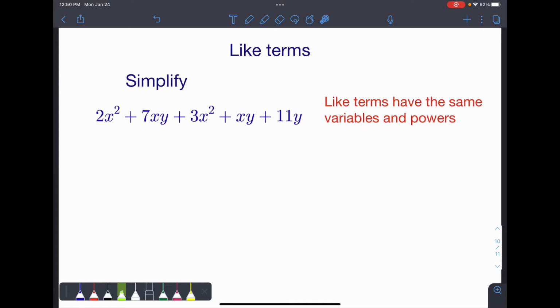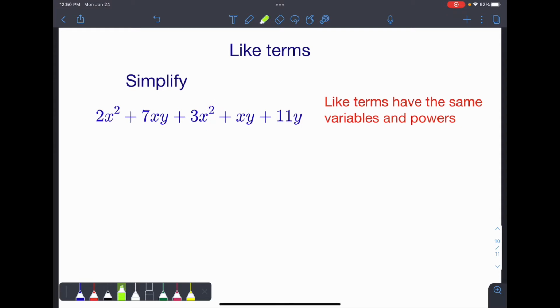So what does that mean? Well, let's consider this first term right here. Okay, so the variable is x, and the power is 2. Now let's look at the rest of these terms. There's one other term right here which has a single x and a power of 2.